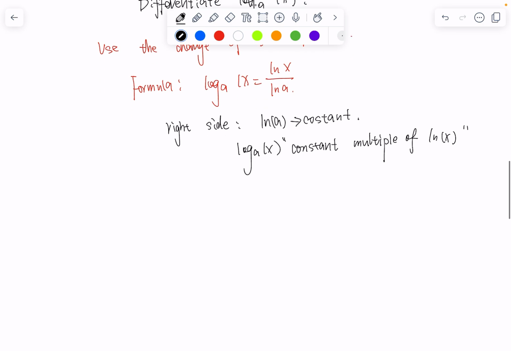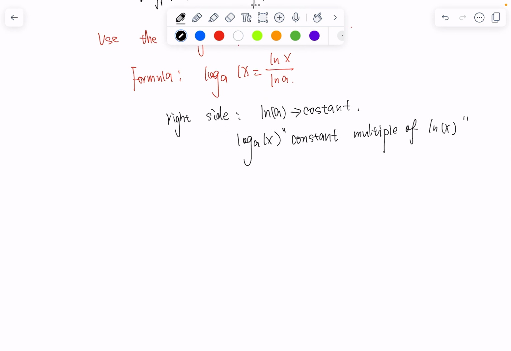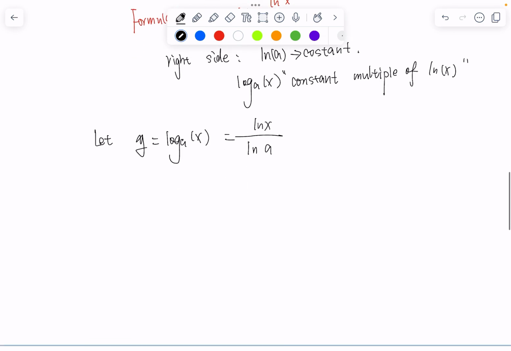So let's differentiate it. Let y equal log base a of x, which is ln x divided by ln a. Now 1 over ln a is a constant, so it just stays out front.